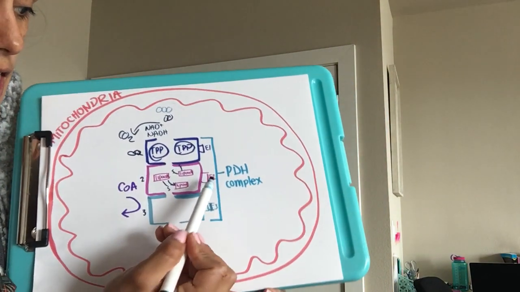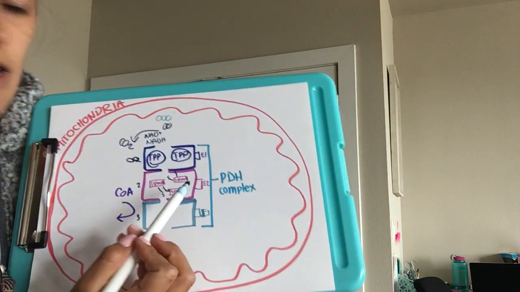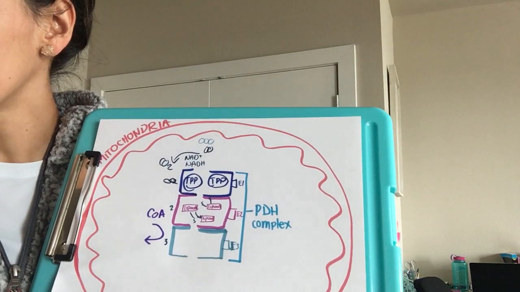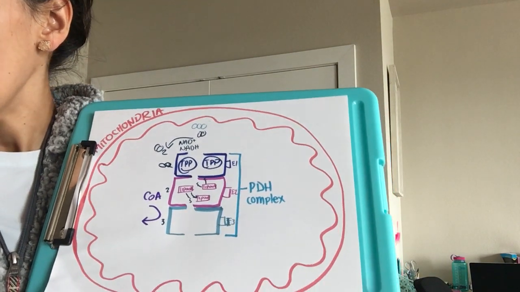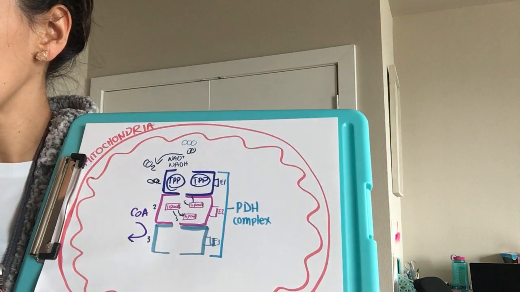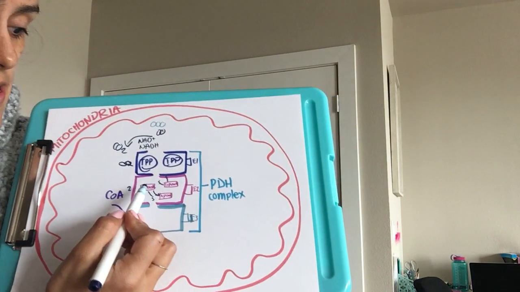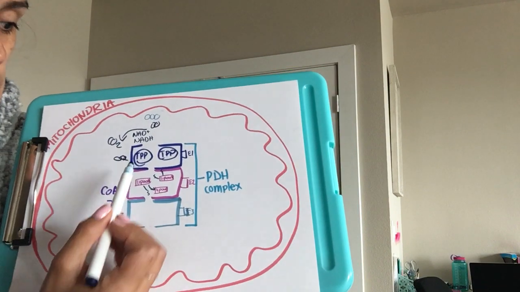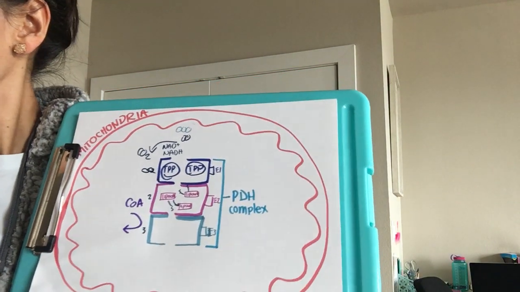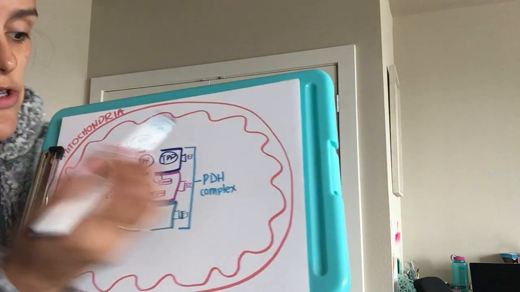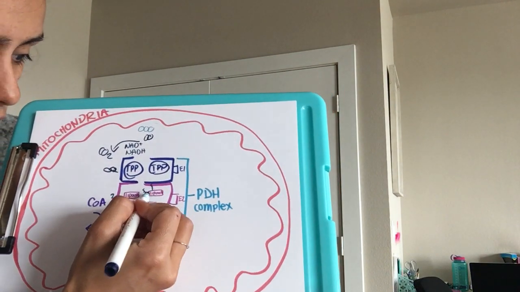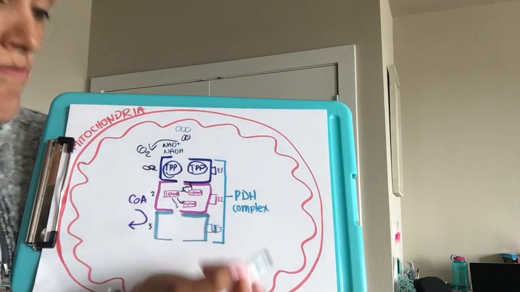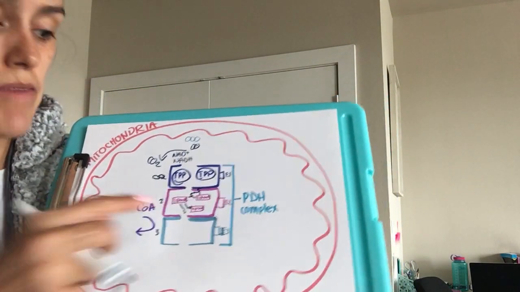I forgot to say that enzyme 2 is called dihydrolipoamide acetyltransferase, and this has the lipoate, which transfers this. This lipoate has two sulfur atoms, a disulfide.